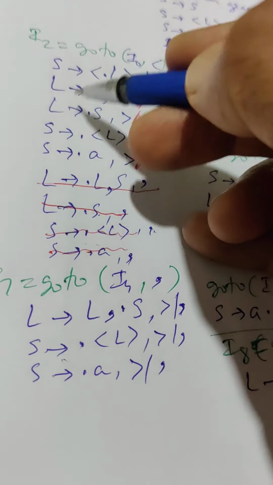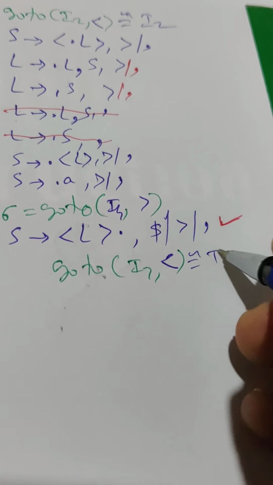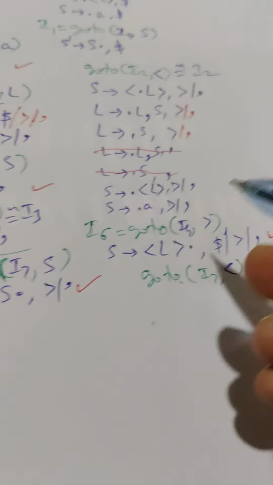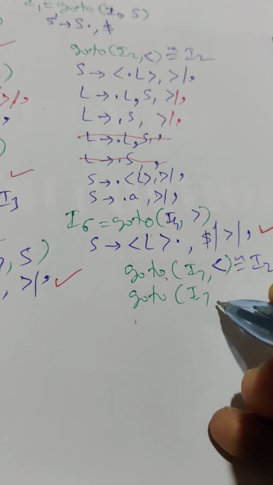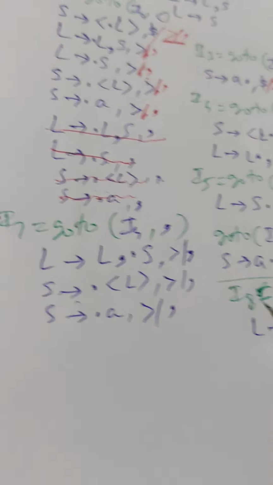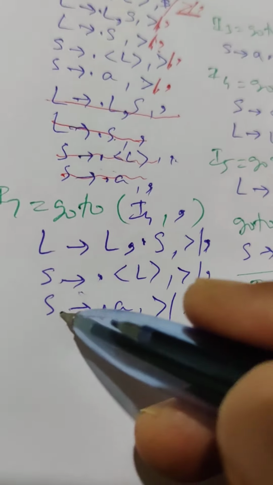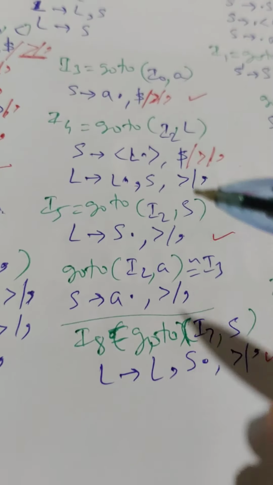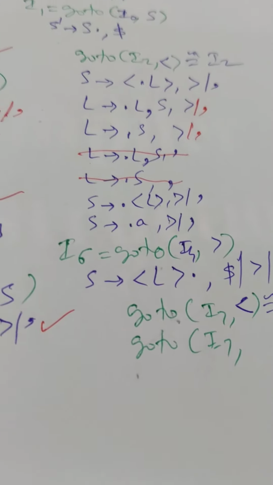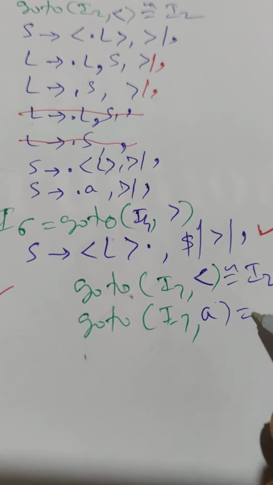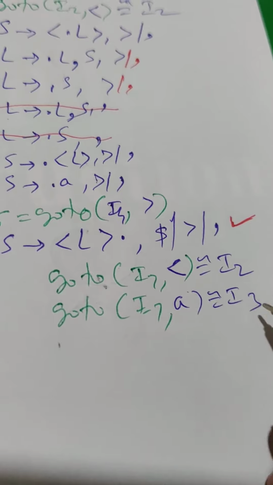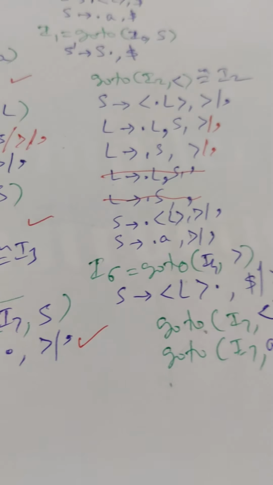Because of dot L, rules of L, because of dot S, rules of S. So it is same as item number 2. Now next goto is going to be I7 comma A. So S goes to A dot. And S goes to A dot is going to be same as I3. So let's write this. And this is the same as item number 3. Okay, that's it. We are done.